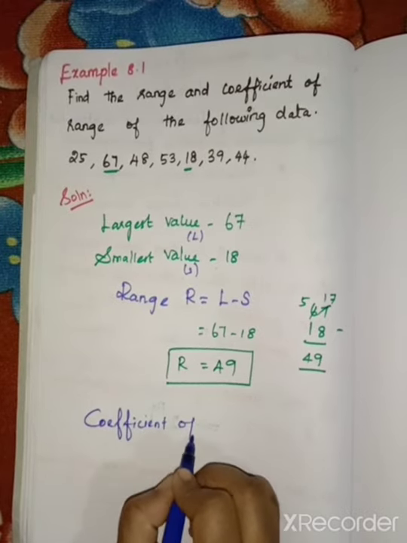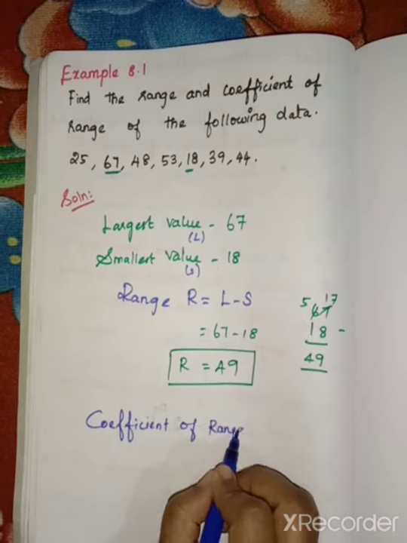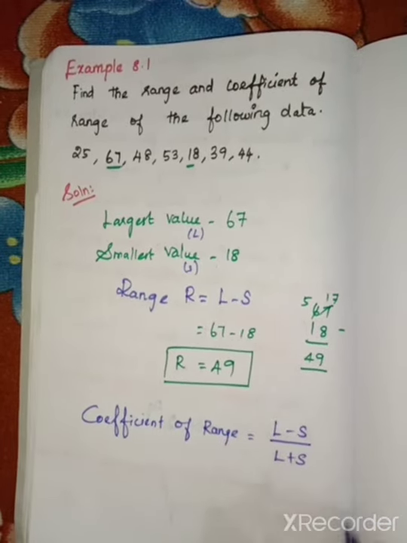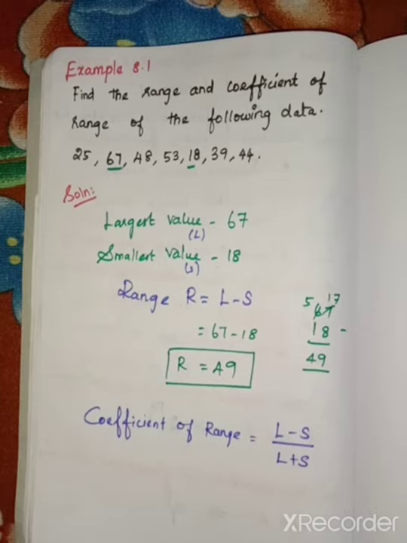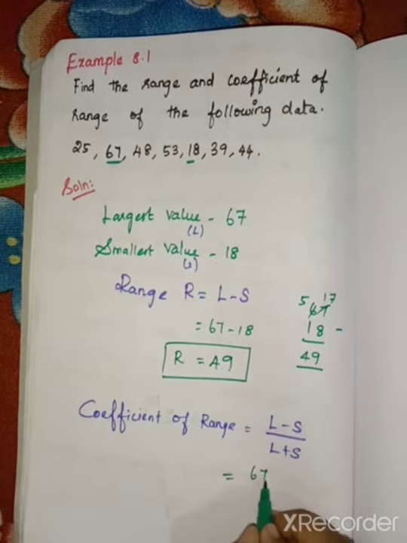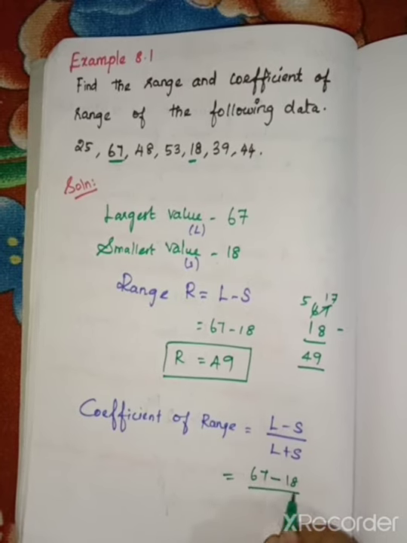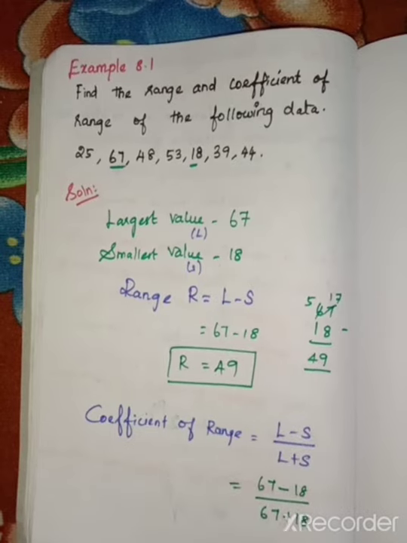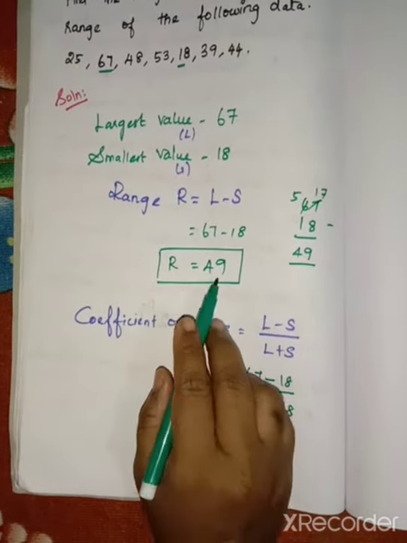Coefficient of range equals (L minus S) divided by (L plus S). Here we substitute the same values: L is 67, so 67 minus 18 divided by 67 plus 18. Already we know the subtraction answer is 49.